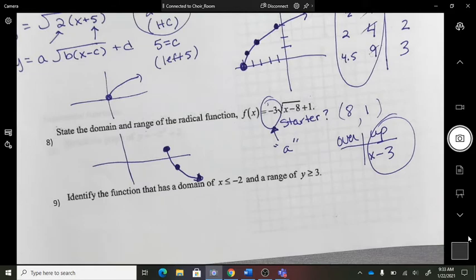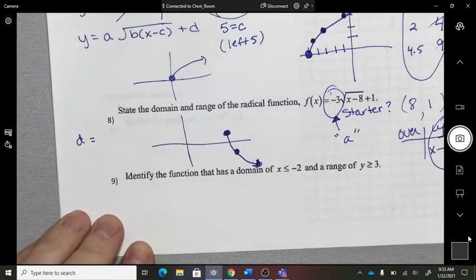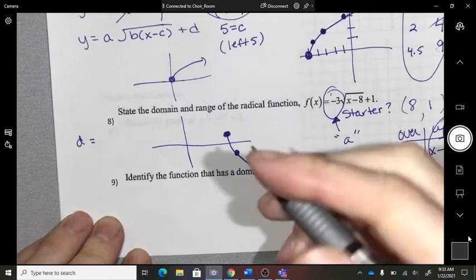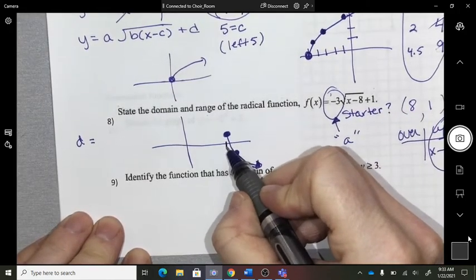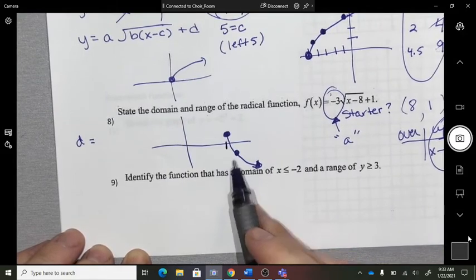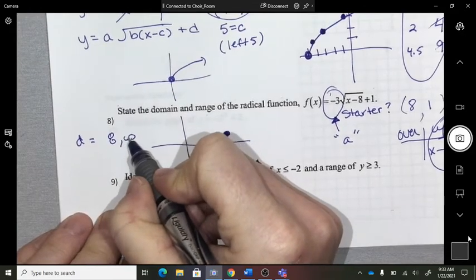Okay, so what is the domain? So what's the furthest left to how far right? So it looks like I can go from an 8 x value and then keep going forever. So from 8 to infinity.